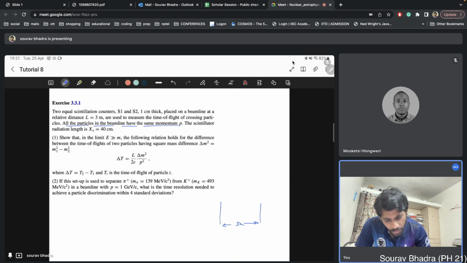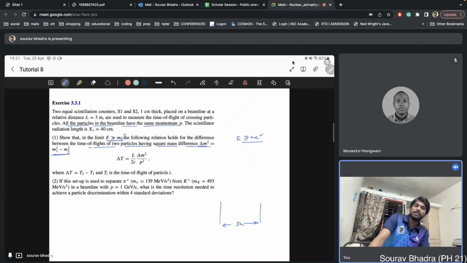Now we have to show that in the limit E greater than m, so don't confuse it, it is actually mc square. For this problem they have taken c equals 1, that is a separate thing that you can always do, E greater than mc square actually. Okay, and the following relation holds for the difference between the time of flight of two particles having a square mass difference of this. So delta m square is m1 square minus m2 square.